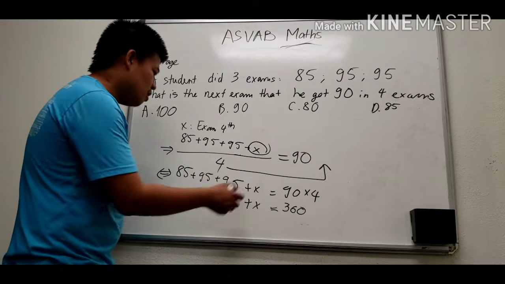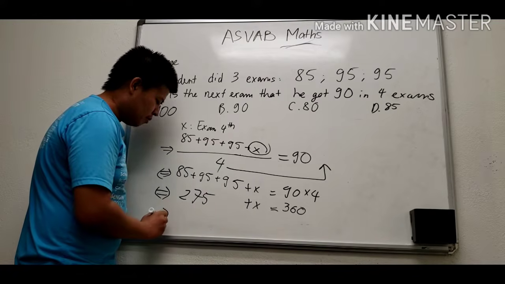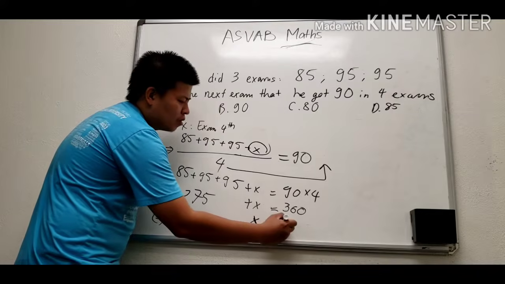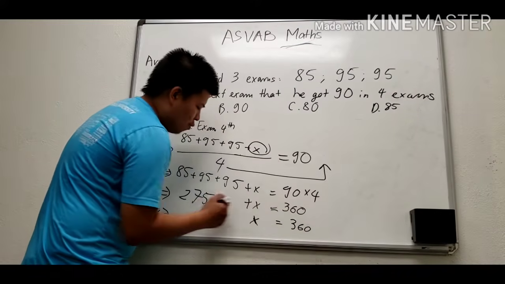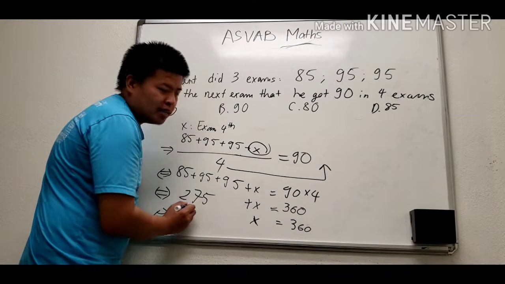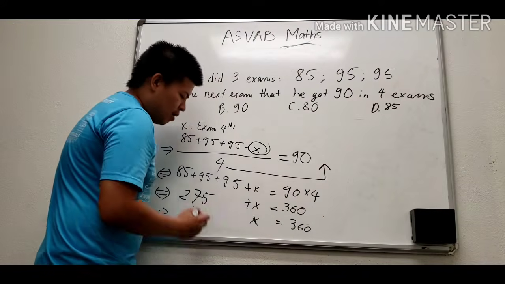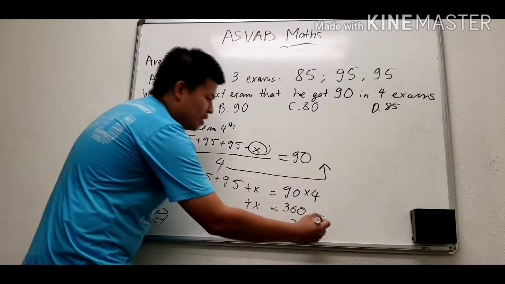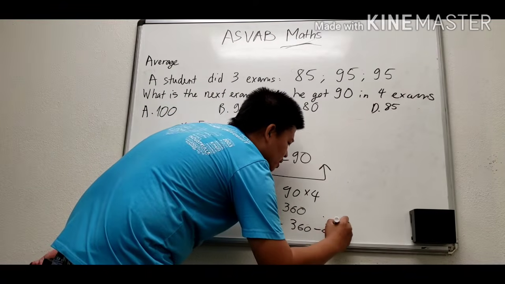And after we got 360, we move 275 to the right, and it changes to minus 275.